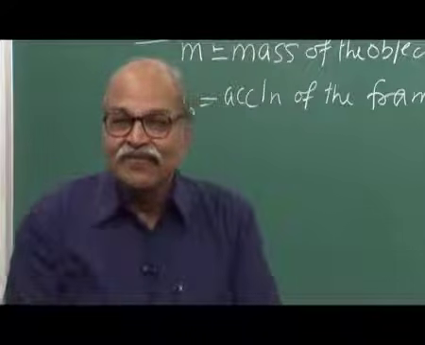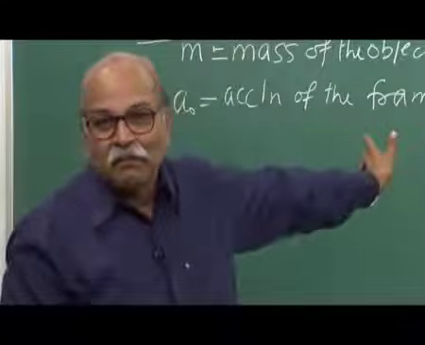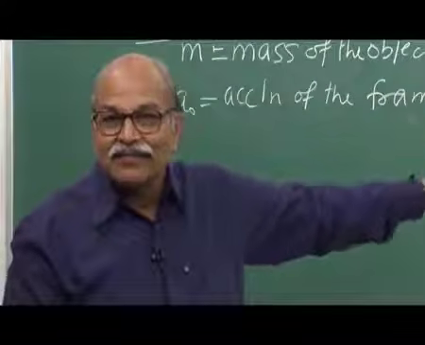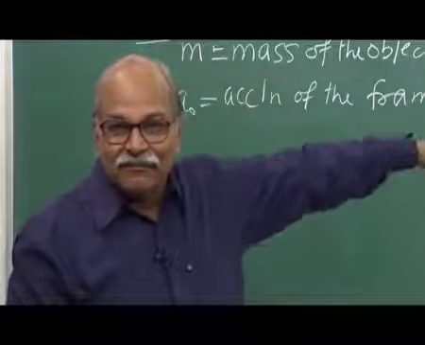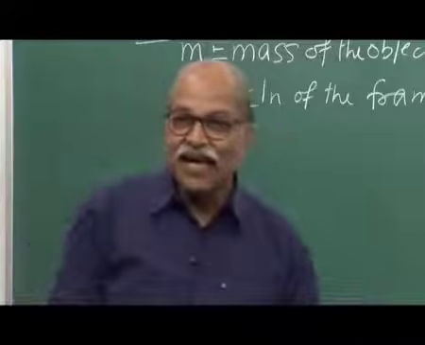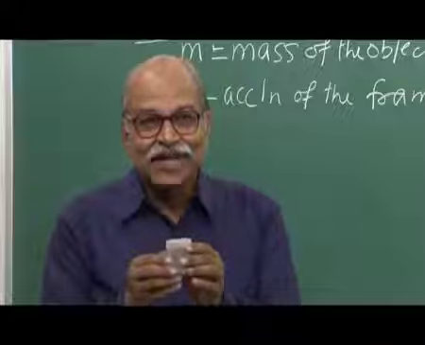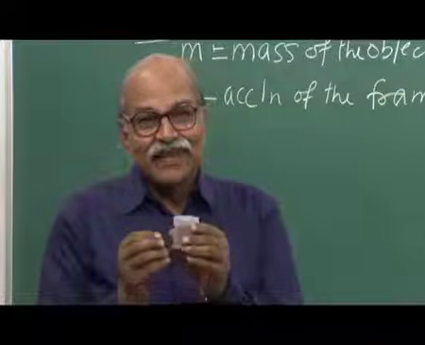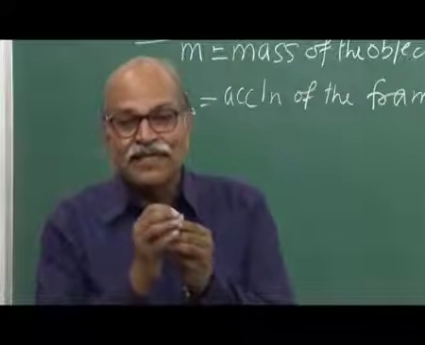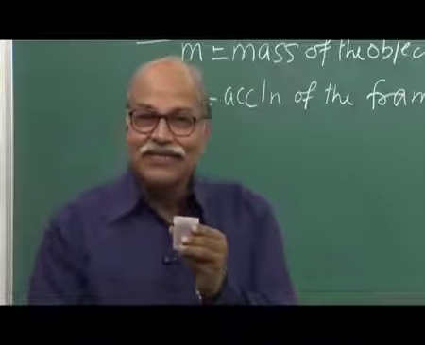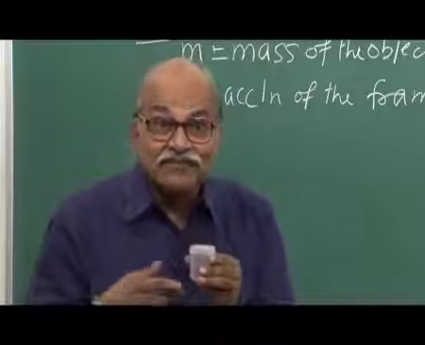And how much is that? That is on the board: minus mass times acceleration of the frame. So mass of this ring magnet, m, and the acceleration of the box is almost g, so mg.